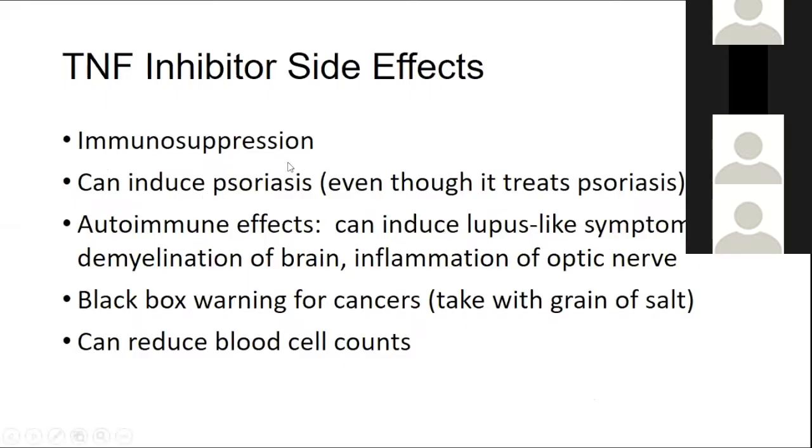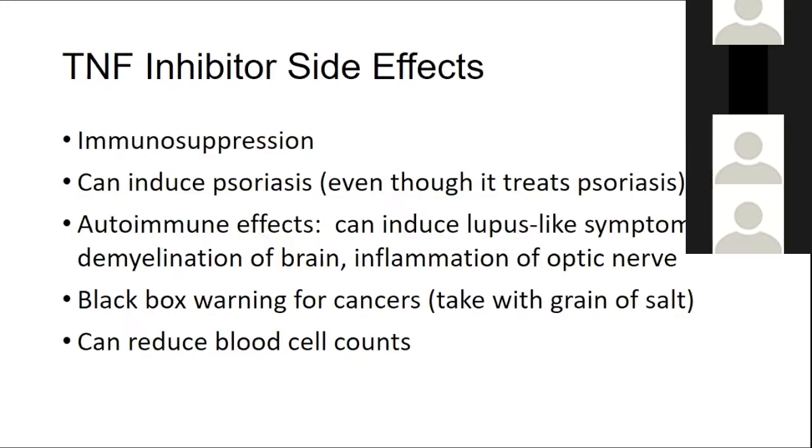Besides causing immunosuppression, interestingly, some patients who don't have psoriasis to begin with, when they're treated with a TNF inhibitor, can develop psoriasis. So this is kind of a confusing piece of information about this medication. It can also cause autoimmune side effects, including a lupus-like syndrome and inflammation in nervous tissue, although these are very rare side effects.